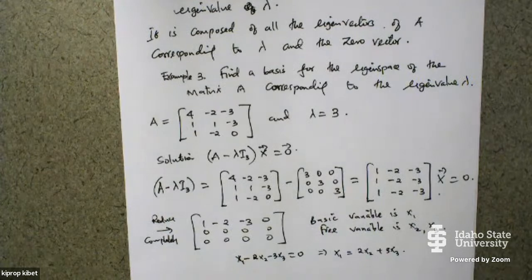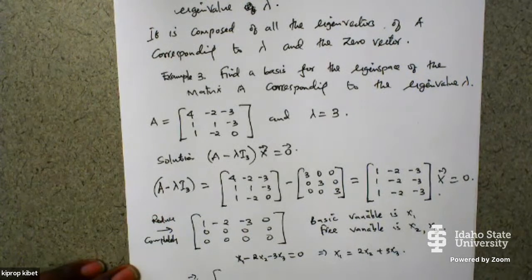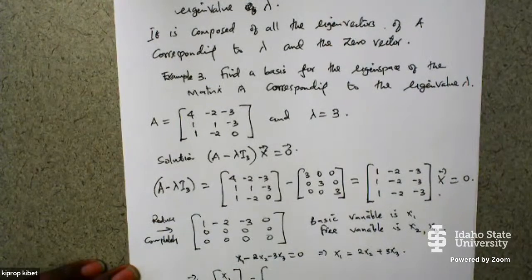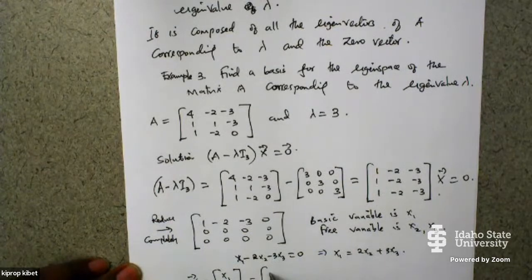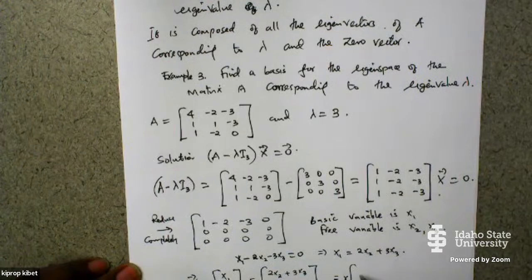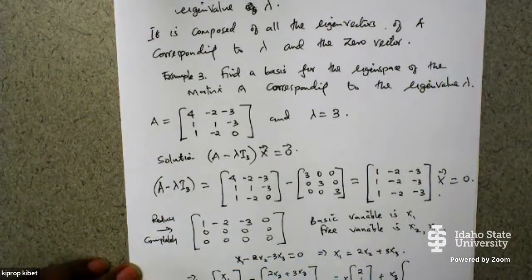So we get our new solution set, x equals x1, x2, x3, which gives us 2x2 plus 3x3, and our free variables x2 and x3. Therefore, this equals x2 times (2, 1, 0), plus x3 times (3, 0, 1).